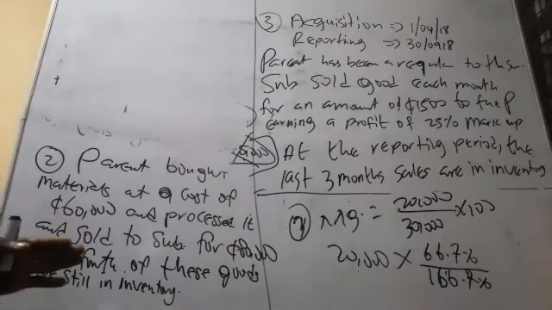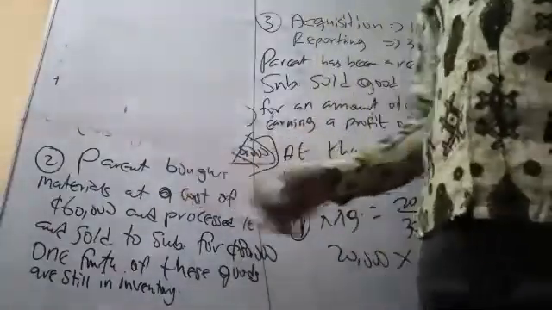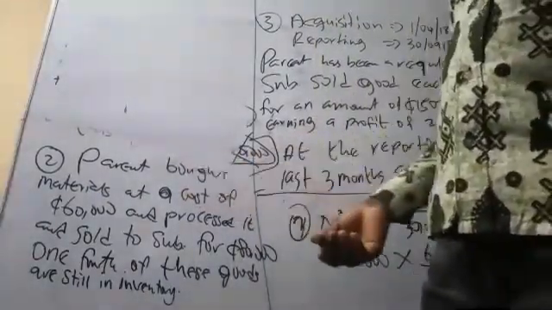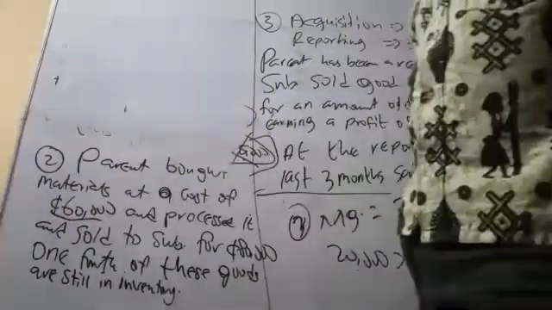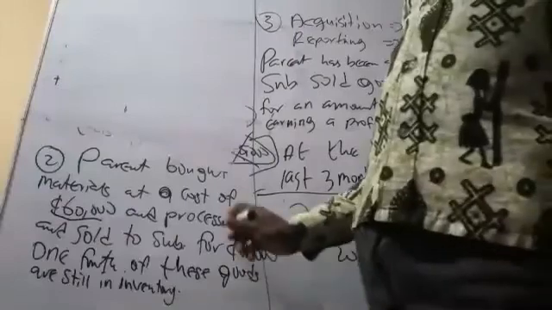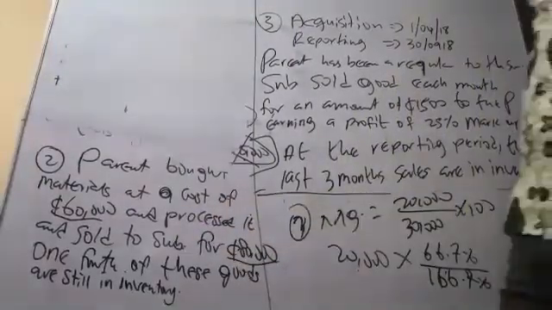This one is the same as the first one that we saw. The only difference is that with the first one, we earned a profit of 20,000. But the parent bought the item at 60,000 and sold it for 80,000. What's the profit? 20,000.